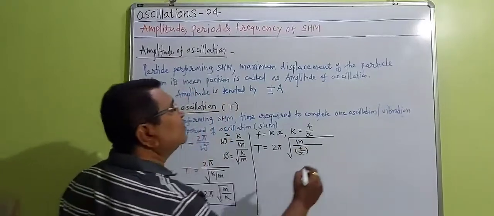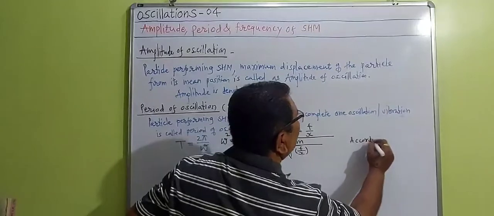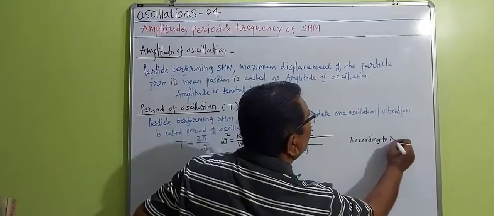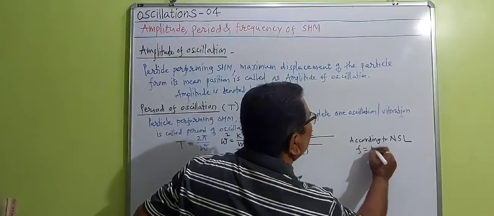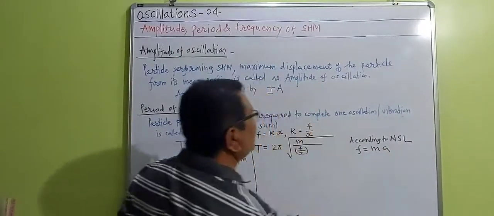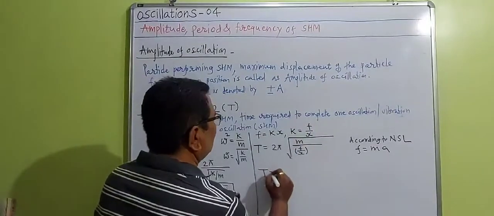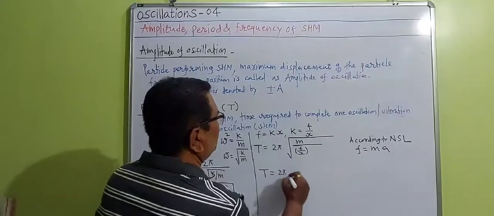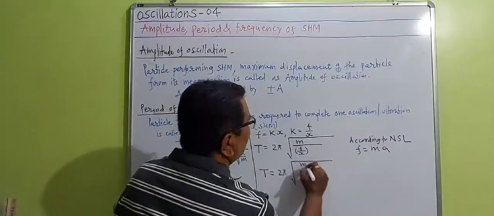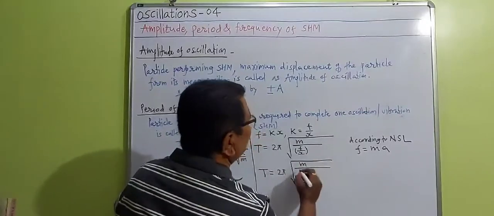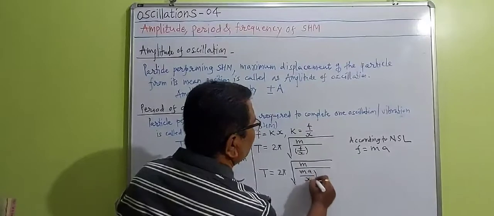But according to Newton's second law, F is equal to ma, where a is acceleration. By putting that value here, we will get T is equal to 2 pi square root of m as it is, and F is equal to ma upon x.